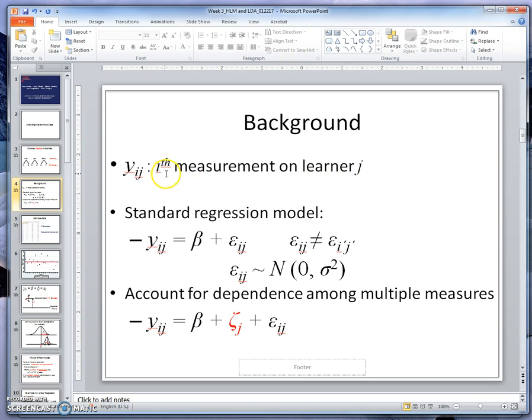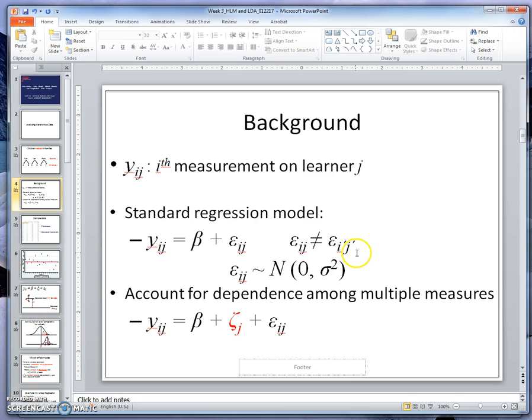Let's say you measure them over 2 occasions: first you have the first measurement of the first learner, and then the second measurement of the same learner, and so on and so forth. If you have this nested structure, we now violate the standard regression model, because we have multiple observations for the same learner. In other words, there's some correlation.